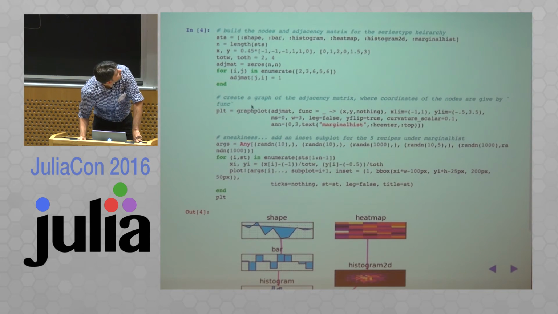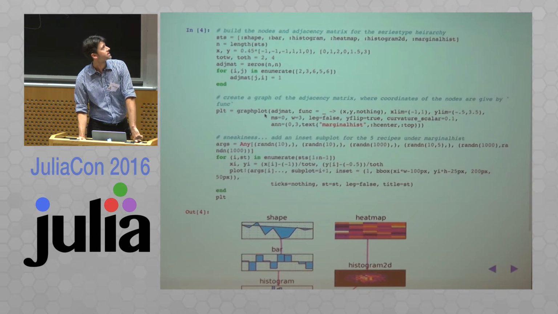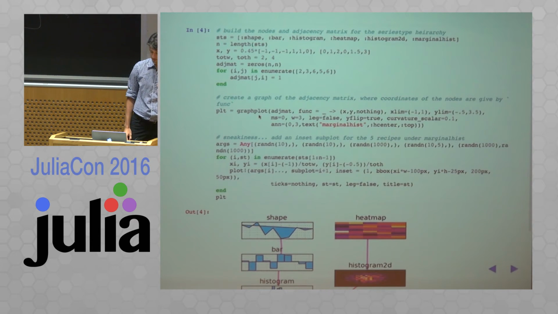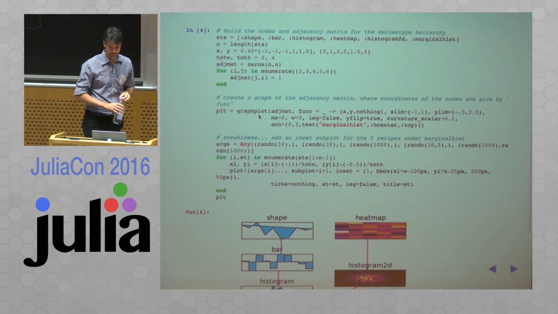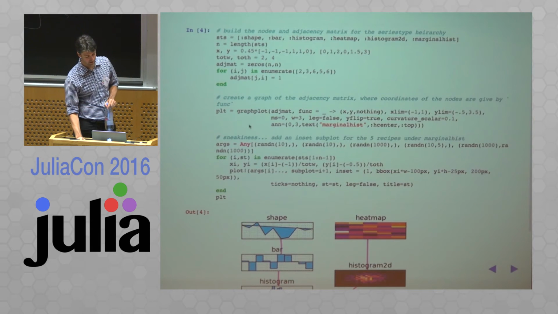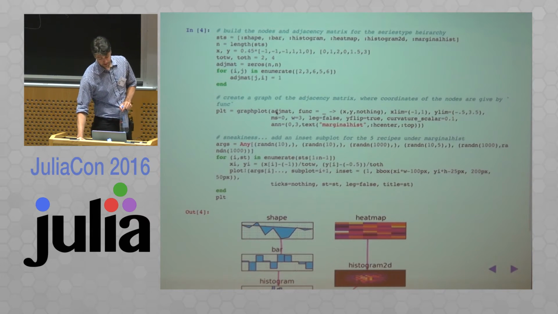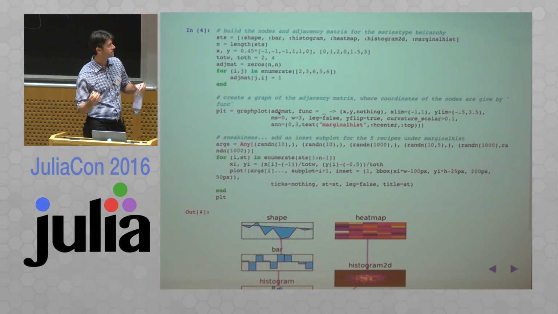Kind of in the middle here, this graph plot still needs a lot of work, but this is a recipe that's in the PlotRecipes package. The idea is that you can pass it an adjacency matrix of a graph with nodes and edges, and optionally a function of how to lay out that graph on the screen.